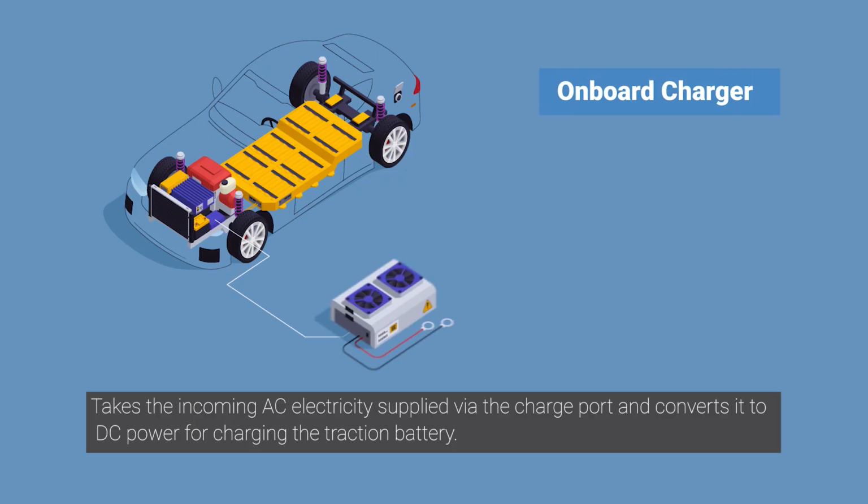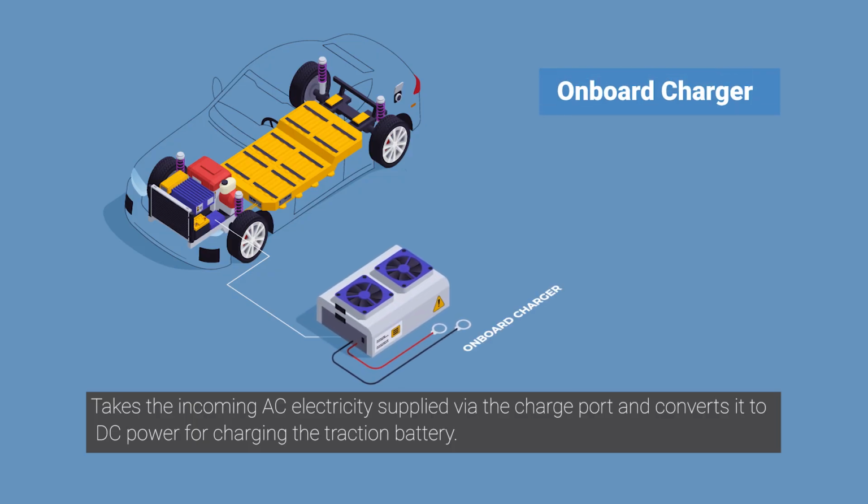Eighth, onboard charger. It takes the incoming AC electricity supplied by the charge port and converts it to DC power for charging the traction battery. It also communicates with the charging equipment and monitors battery characteristics such as voltage, current, temperature, and state of charge while charging the pack.